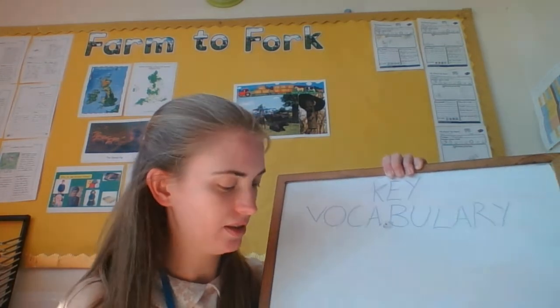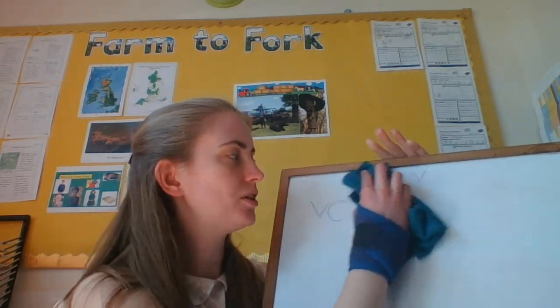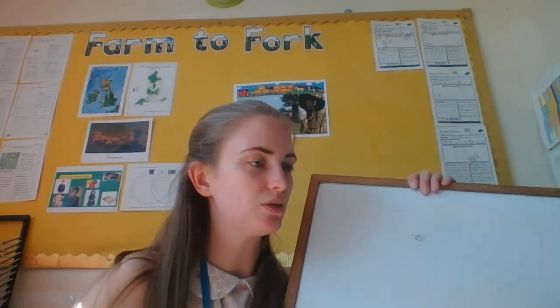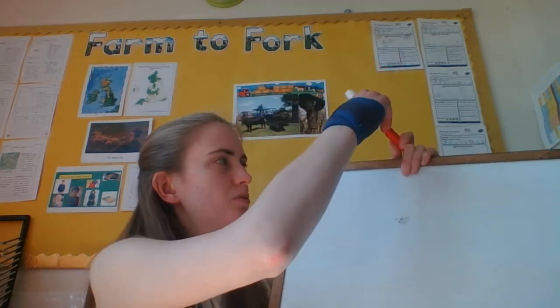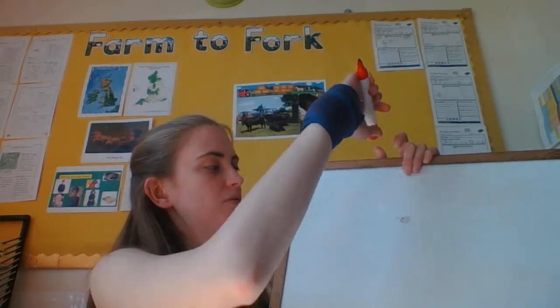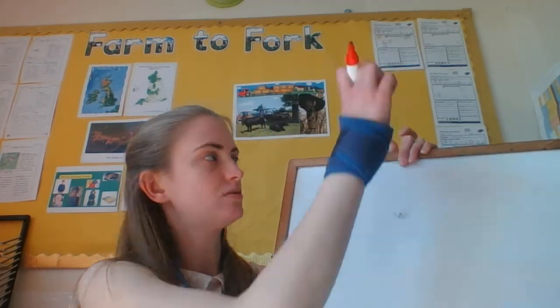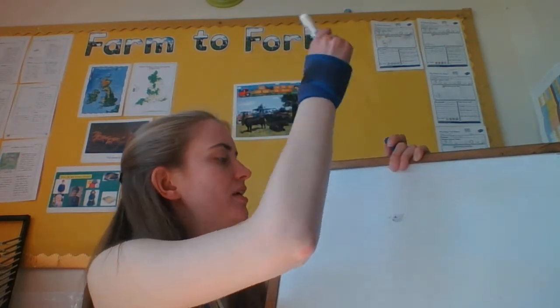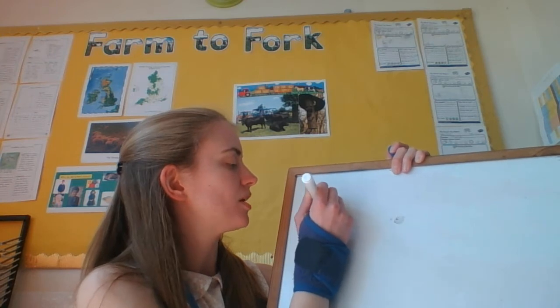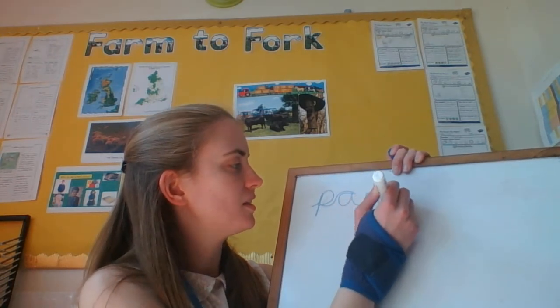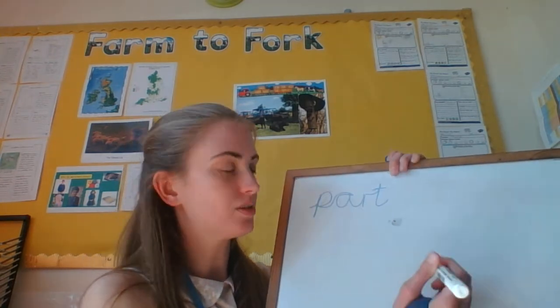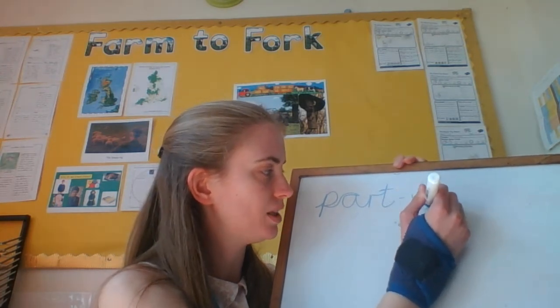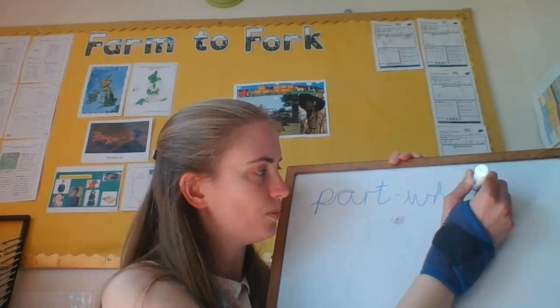So, I'm just going to look at one of the things on the practice questions. One of the practice questions has something on it called a part-whole model. Now, adults at home, you may know what these are, but you might not have done these at school. And we in class 2 might have forgotten.